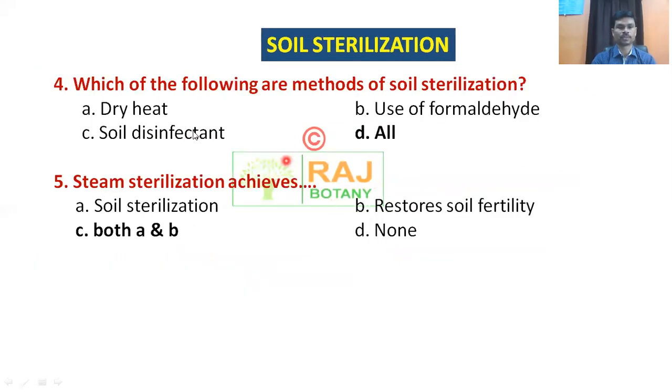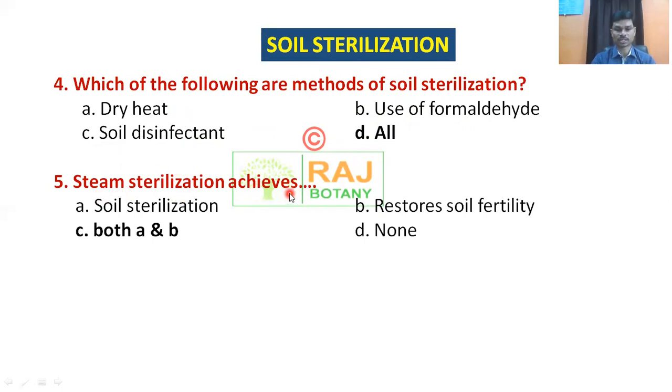Next one, which of the following are methods of soil sterilization? A, dry heat. B, use of formaldehyde. C, soil disinfectant. D, all options. D option is correct. For the soil sterilization, dry heat is undertaken, soil disinfecting is also undertaken, use of formaldehyde is also applied. Next MCQ, steam sterilization achieves.